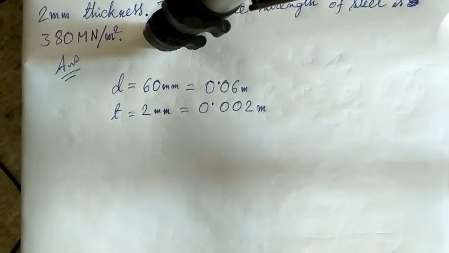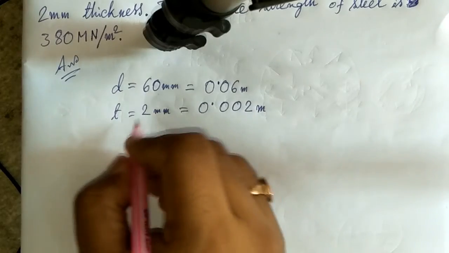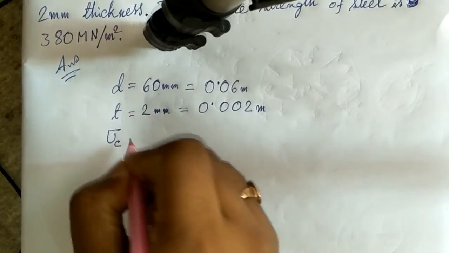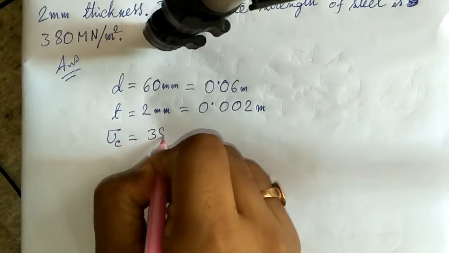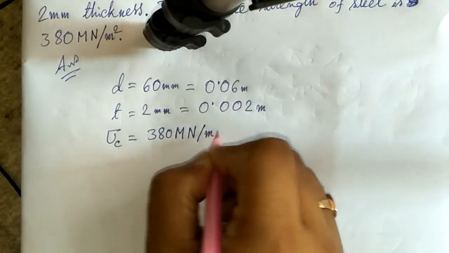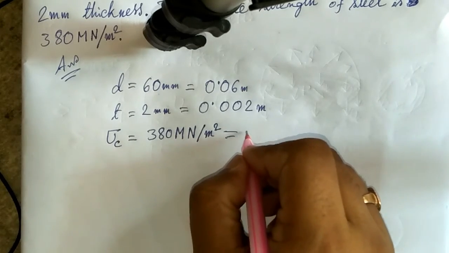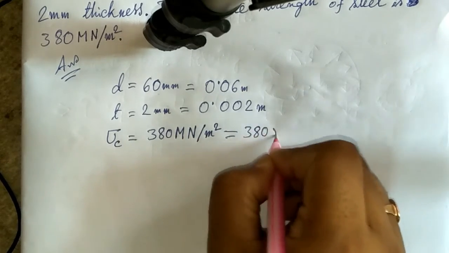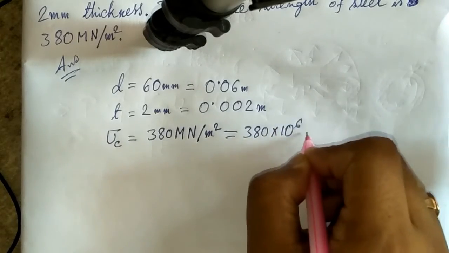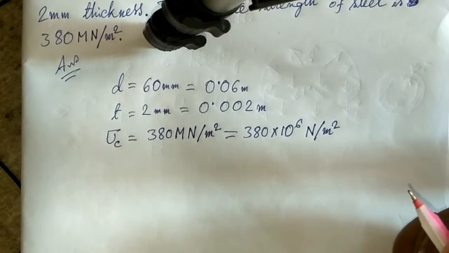Okay, now the ultimate strength, that is sigma c, is 380 meganewton per meter square, or we can write this as 380 into 10 to the power 6 Newton per meter square.